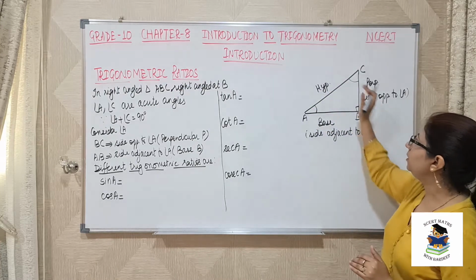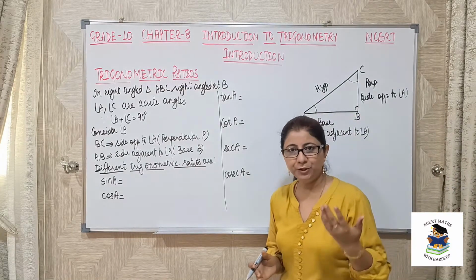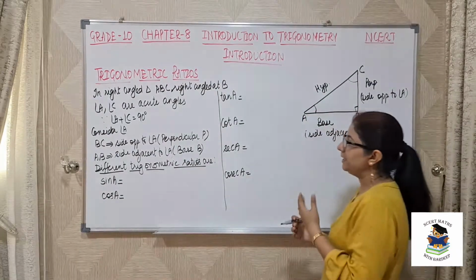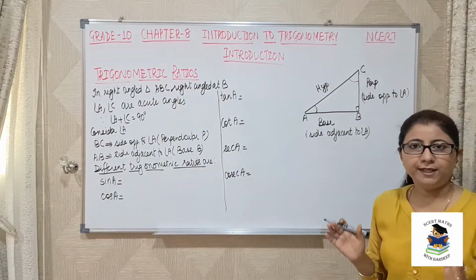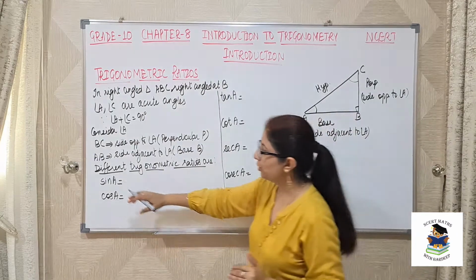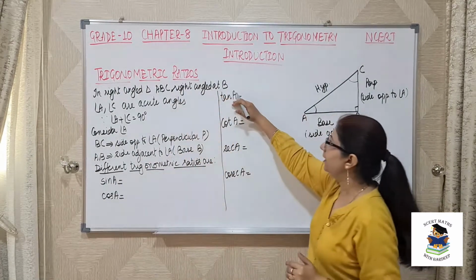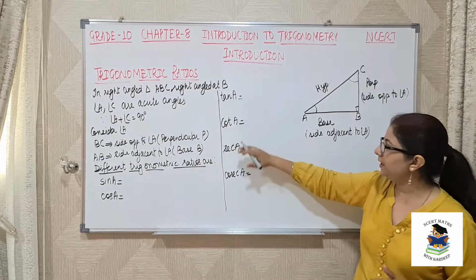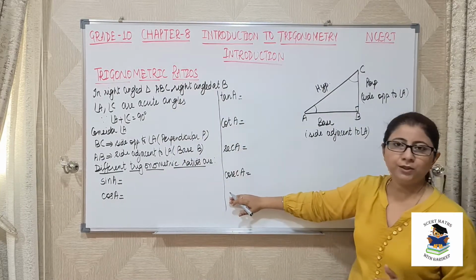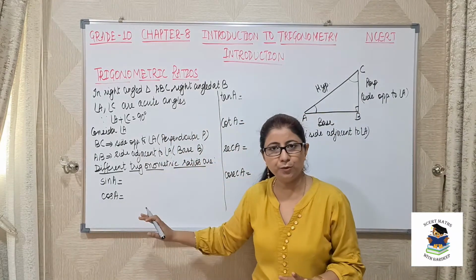So now we will see what are the different trigonometric ratios that we are using in this chapter. Basically there are two different ways to memorize these ratios, that is sine A, cosine A, tangent A, cotangent A, secant A and cosecant A. I repeat, these are the 6 trigonometric ratios.